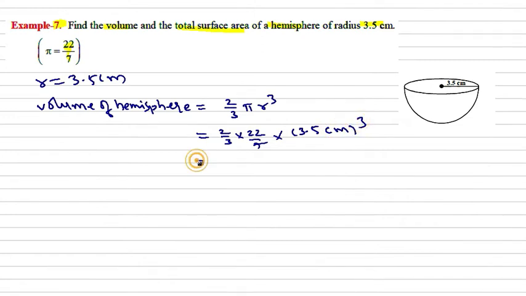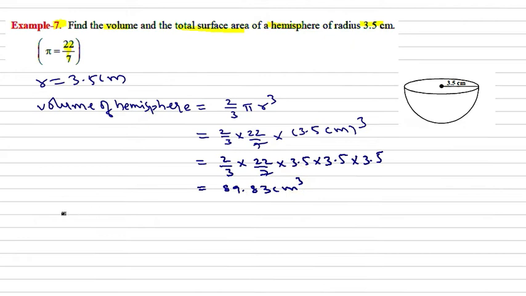So which is equal to 2 by 3 into 22 by 7 into 3.5 into 3.5 into 3.5. So which is equal to 89.83 centimeter cube. Now next, total surface area is equal to 3 pi r square.